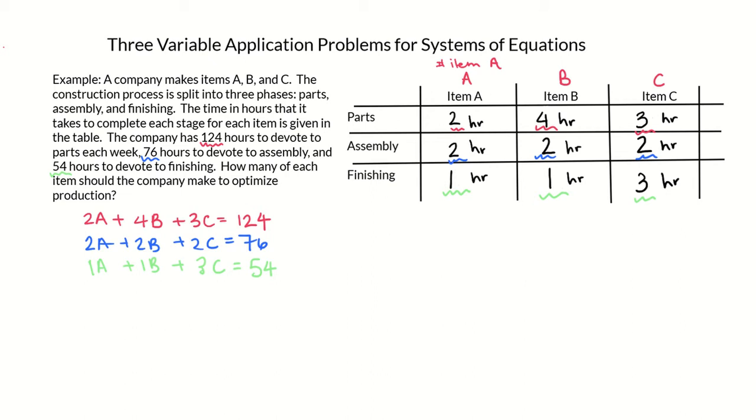So we could solve this using any of the methods of this section, so using matrices, using elimination, using substitution. Let's do elimination. And let's start by eliminating A. We can do that using these first 2 equations.